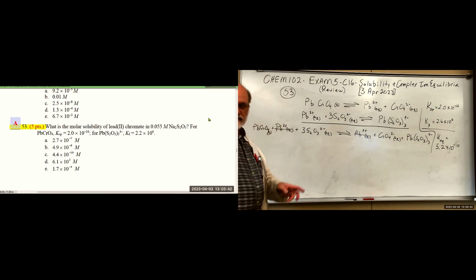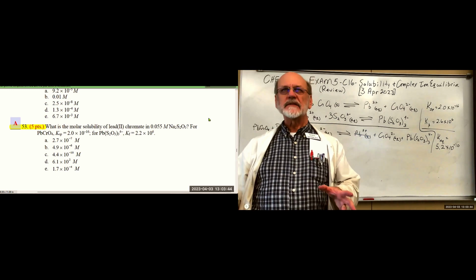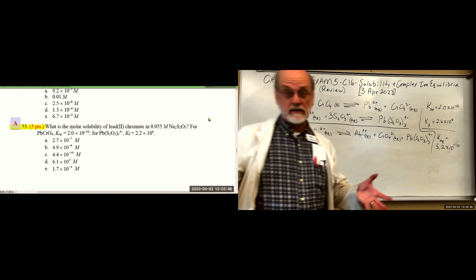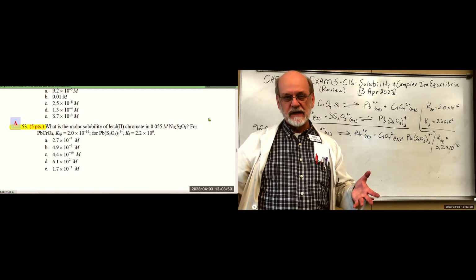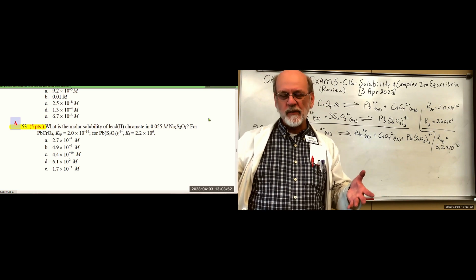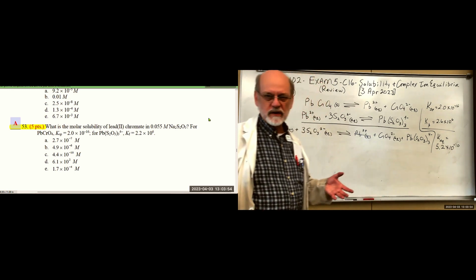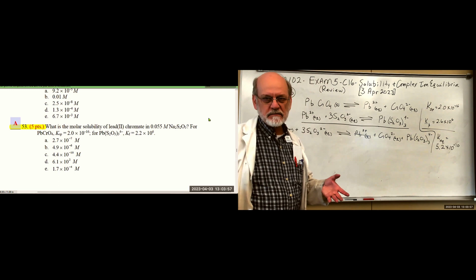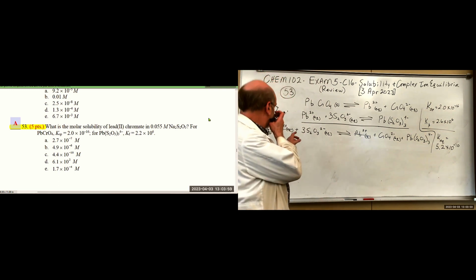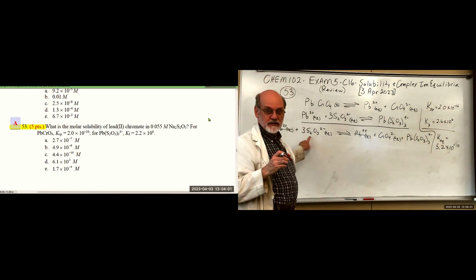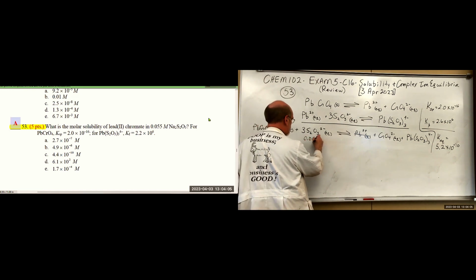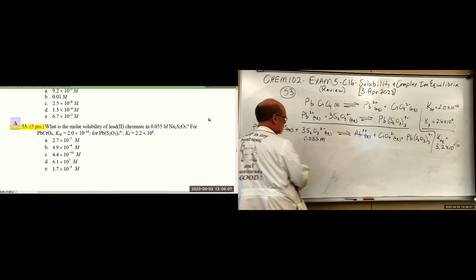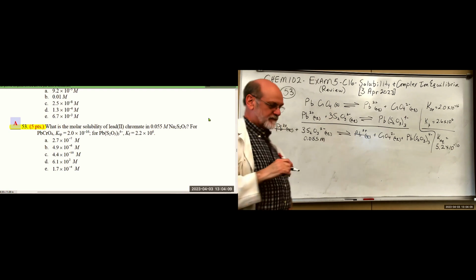All right. So now what are we given? Well, let's see. What's the question? What's the molar solubility of the lead-2 chromate in 0.055 molar sodium thiosulfate? So this concentration here is 0.055 molar. We know that.